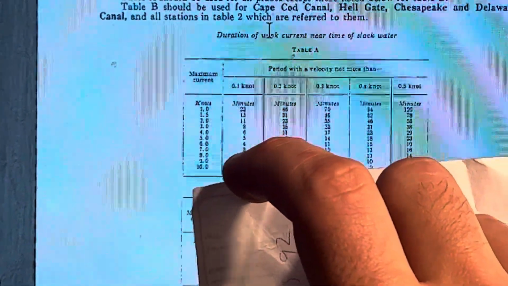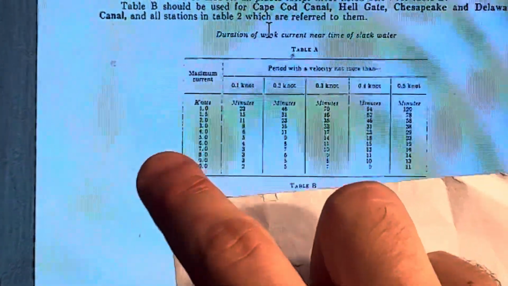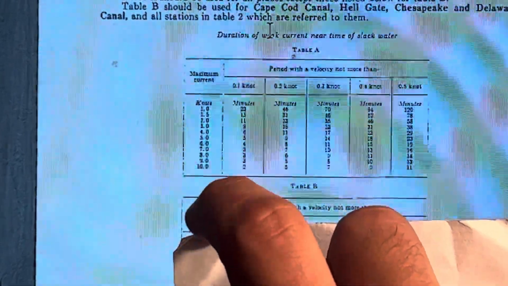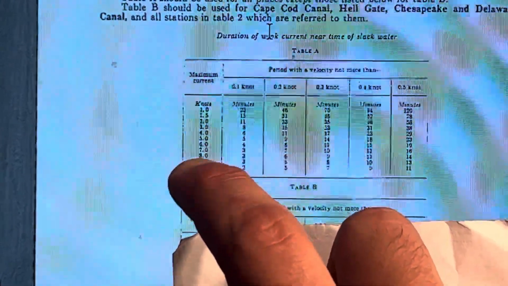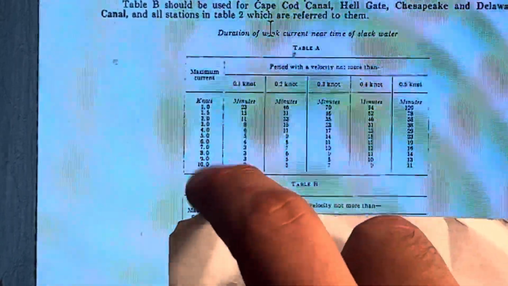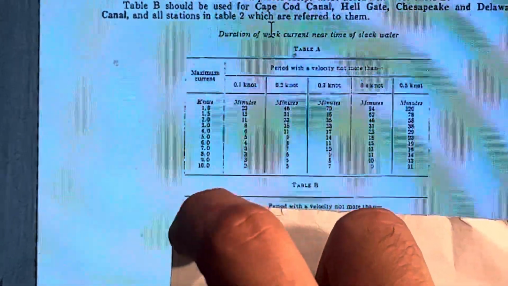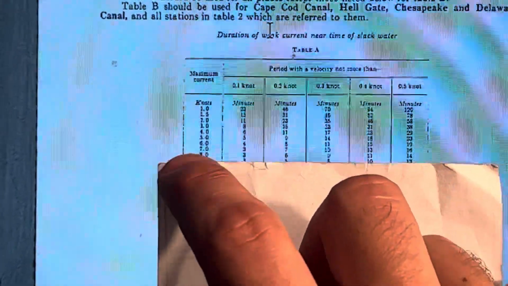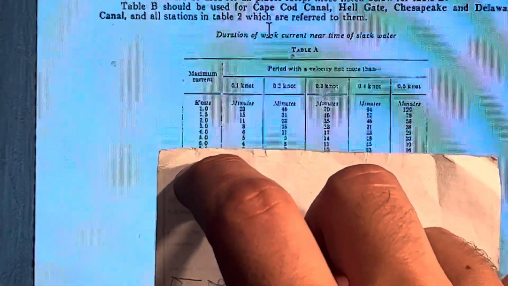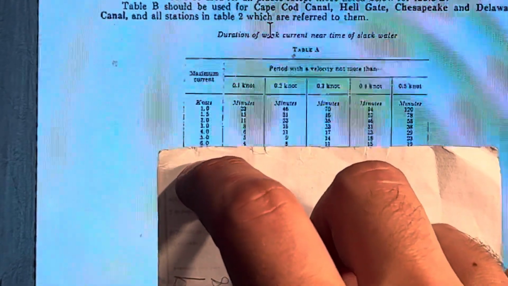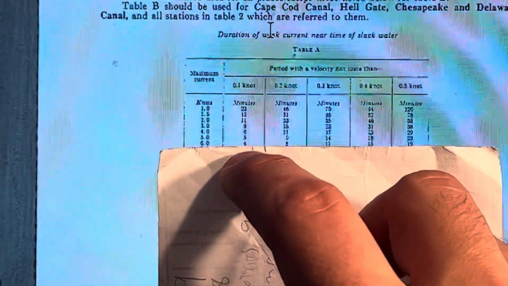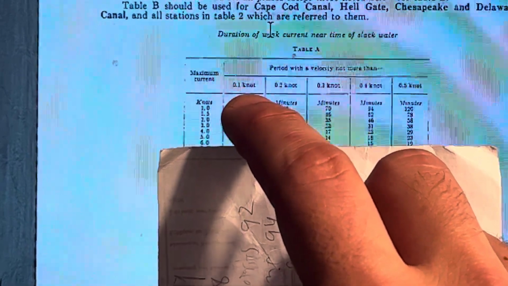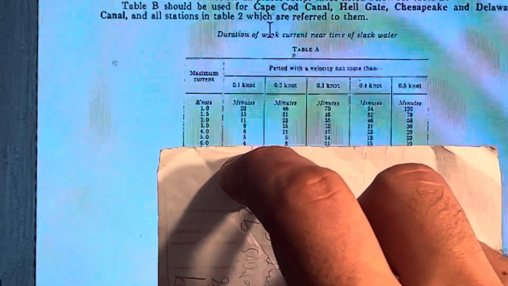If your maximum current in the area that happens after the flood, or after the slack water, I'm sorry, is, for instance, 6 knots, if that's going to be the fastest that the current gets, or just like the average current in the area, the period before the current will become at least 0.1 knots will be 4 minutes.